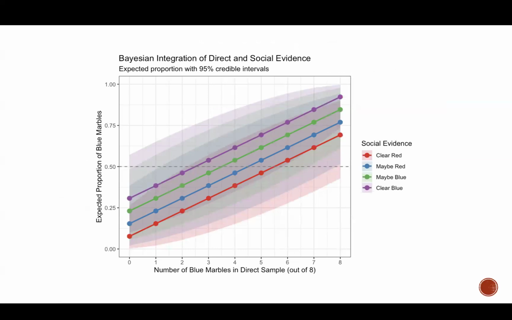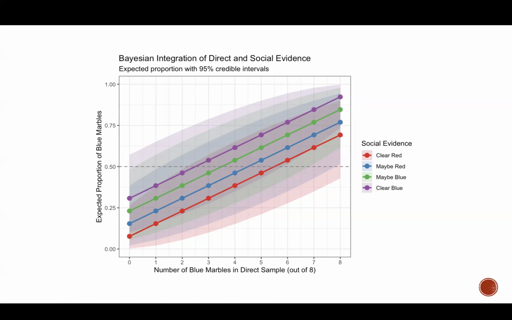Here we see that on the x-axis there is the number of blue marbles in the direct sample out of 8. And on the y-axis there is how often the agent picks blue marbles. The first red line is what happens when the social evidence clearly says red.